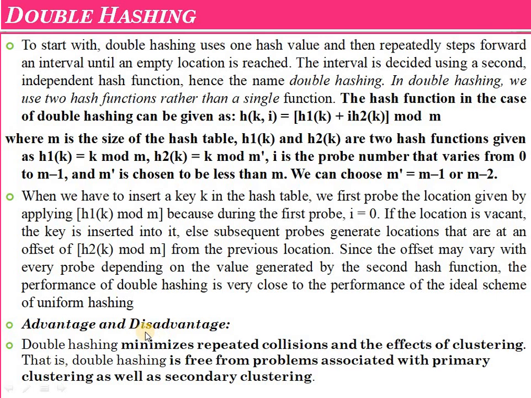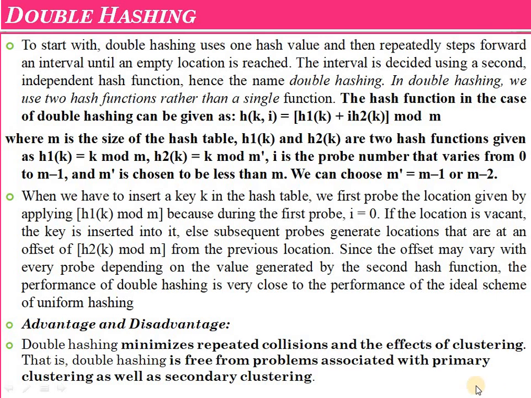Now see the advantages and disadvantages of double hashing. Double hashing minimizes repeated collisions and the effect of clustering. It is free from the problems associated with primary clustering as well as secondary clustering.